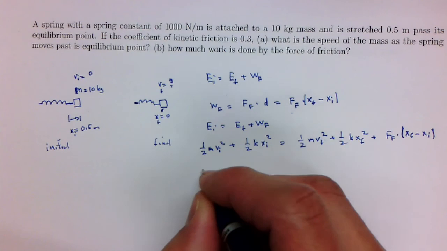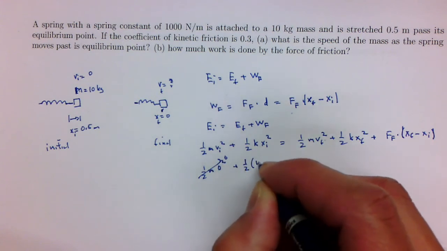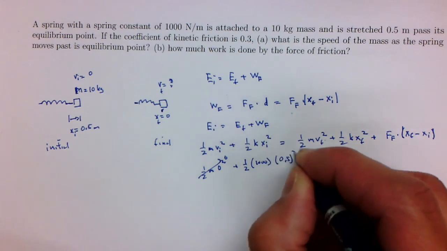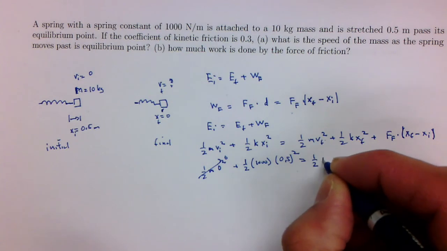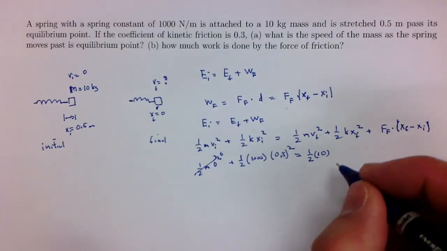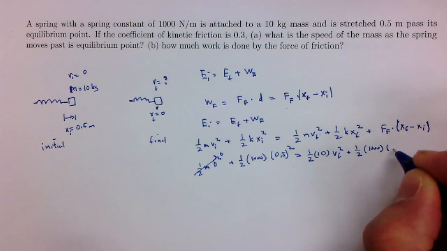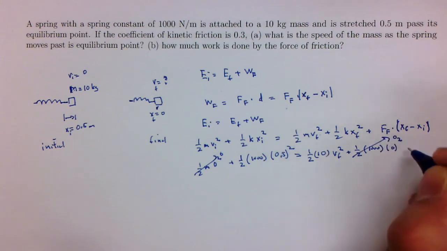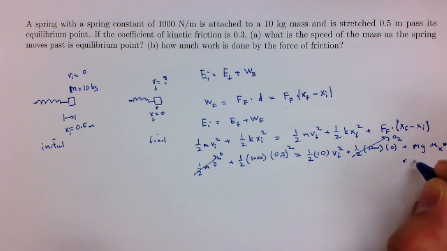So let's just solve this. V_i is initially 0, so 1/2 m times 0 squared is 0, plus 1/2, k is 1000, x_i is 0.5 squared, is equal to 1/2 times the 10 kilogram mass times v_f squared plus 1/2 times 1000 times the final position, because it's back at equilibrium, 0 squared, so this goes to 0 again, plus the force of friction, which is m times g times mu, the coefficient of kinetic friction, or mu sub k, times x_f minus x_i.